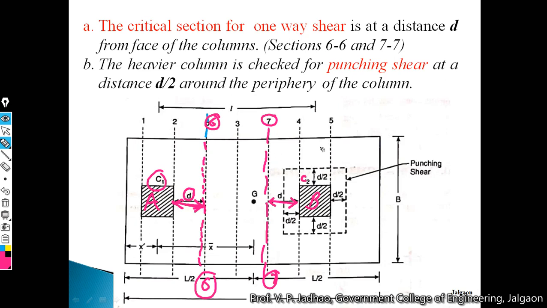But if we have some excess loading for column B, then we should calculate the maximum shear force, which will be at section 7. Now if the maximum value of load W is at A, then we should consider the shear force at section 6 only. In simple terms, we should consider the higher load value for calculating the one-way shear.